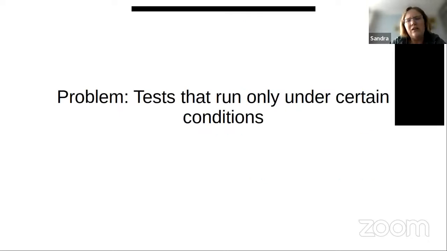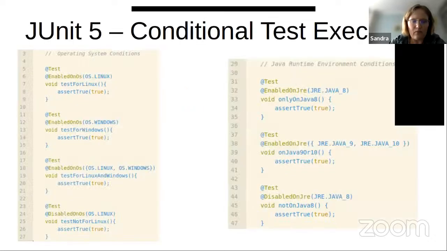I often say, yes, we can write tests, but this test can only run under certain conditions. For example, this is code that only runs on Linux or on Windows. The common way is, okay, I run this test locally because I have Windows, then I have to comment out this test and check in because my CI runs on a Linux system, and vice versa.